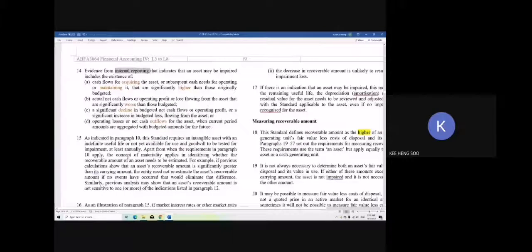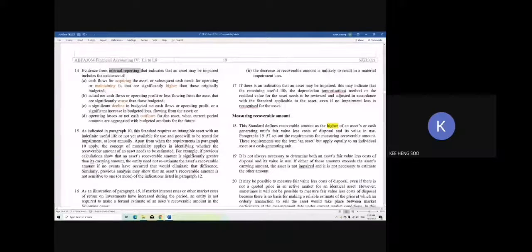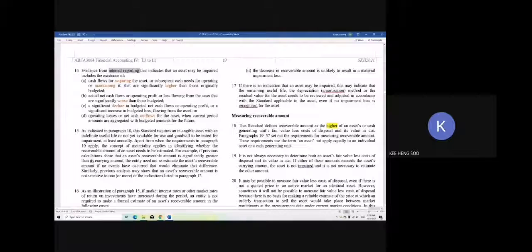Of course, paragraph 18 is important. Paragraph 18 tells you about measuring the recoverable amount, which is the higher of the fair value and the value in use. We choose whichever is higher.